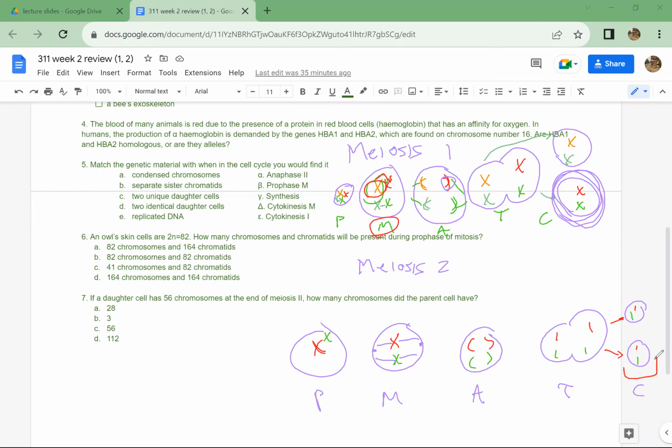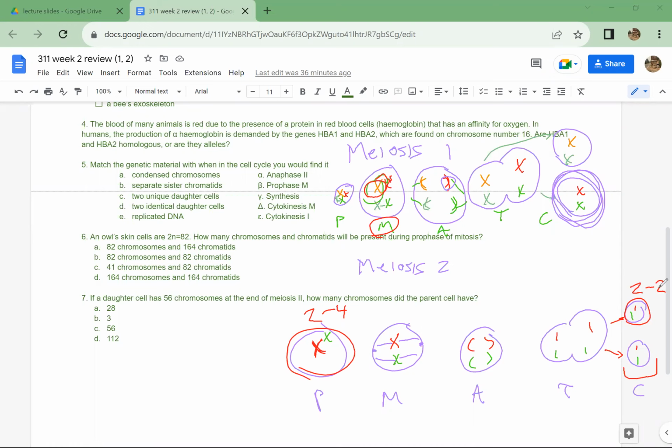That was a lot. You don't have to pay attention to all of this. You could just pay attention to the fact that here in prophase of meiosis 2, we have 2 chromosomes, 4 chromatids in this whole cell, because we have 2 chromosomes and they're each made up of 2 chromatids. We see that through meiosis 2, we start our cell with 2 chromosomes and we end our cell with 2 chromosomes.